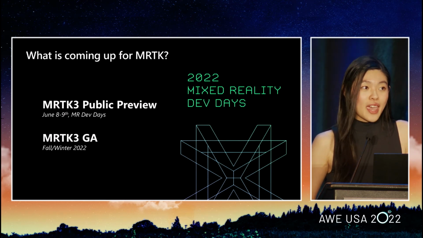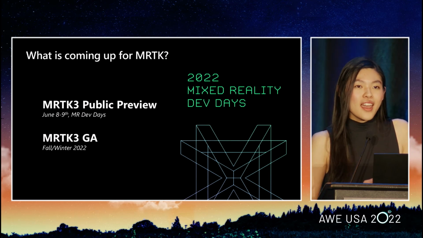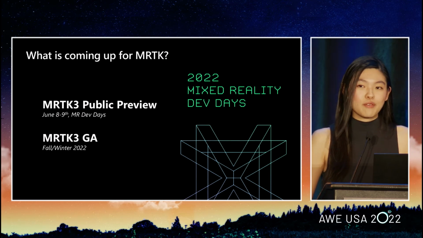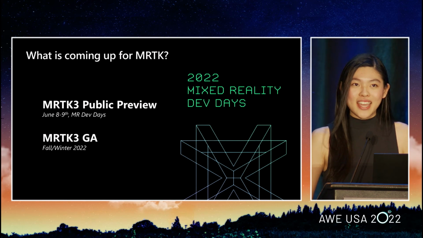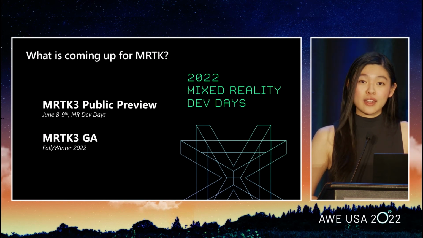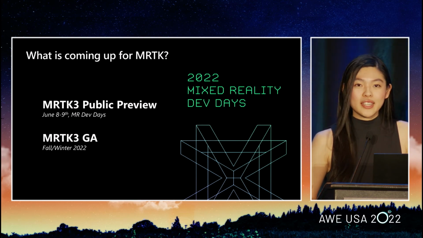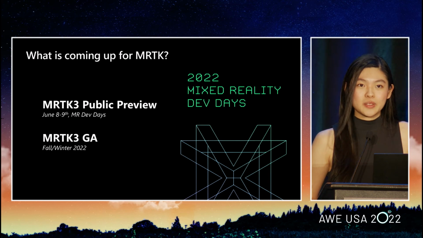And we also have a panel where you can come and ask our team any question you want. And so I highly encourage you to sign up if you haven't already. And then during the fall to winter timeframe, we're going to be having our MRTK3 GA. Now I want to emphasize, I've been talking a lot about MRTK3 today, but we are still fully committed and invested in MRTK v2. In fact, just a few days ago, we released MRTK 2.8.